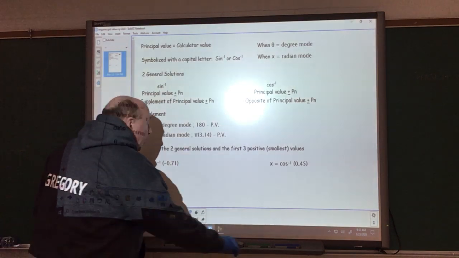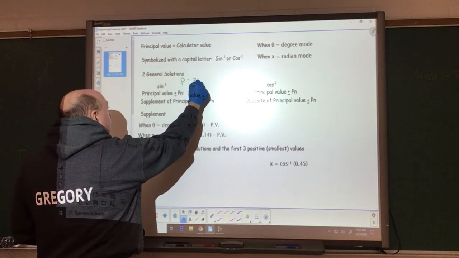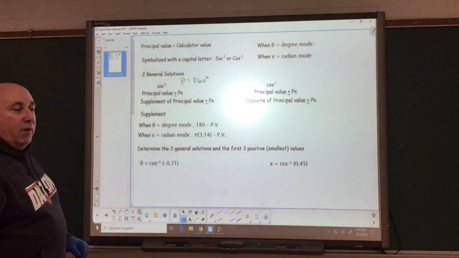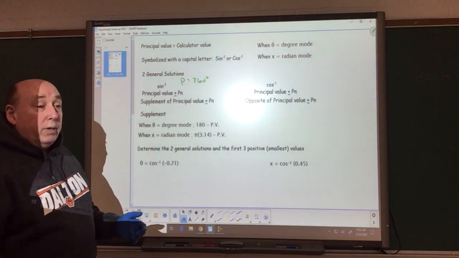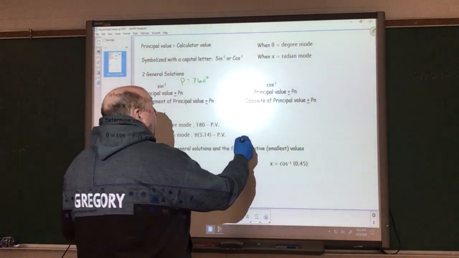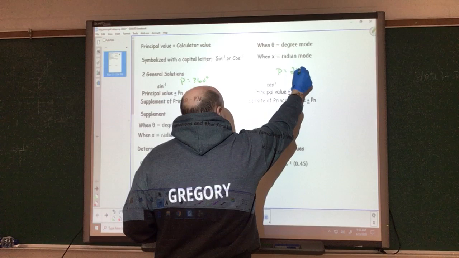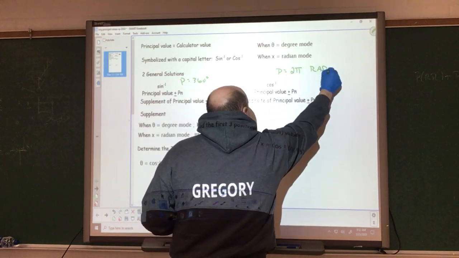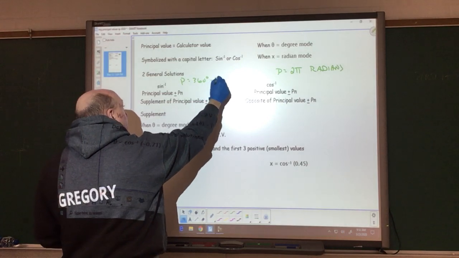For our purposes right now, in degree mode the period is 360 degrees. Eventually, we'll evolve into a period that's a little different when we deal with more of the radians. When we're in radian mode, the period is 2 pi. That's in radians, and this is when we're in degrees.